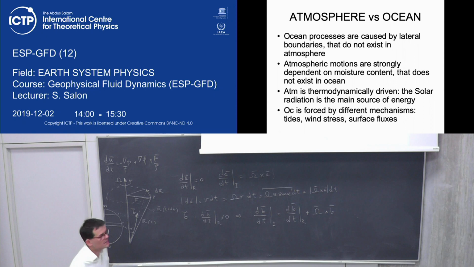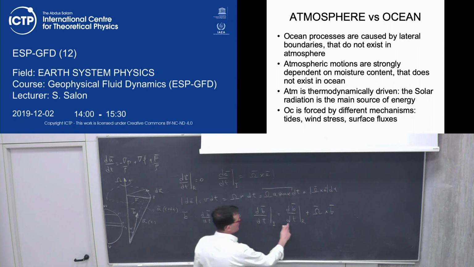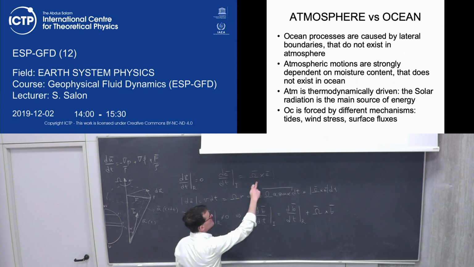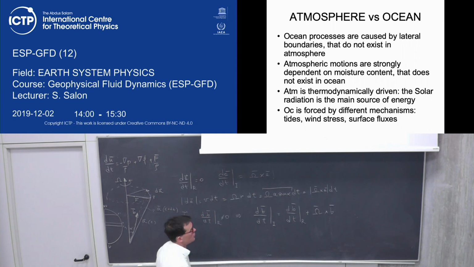So it's just a sort of sum between two velocities. This is the velocity related to the fact that I'm trying to describe a motion from an inertial frame of reference with respect to a rotational frame of reference.